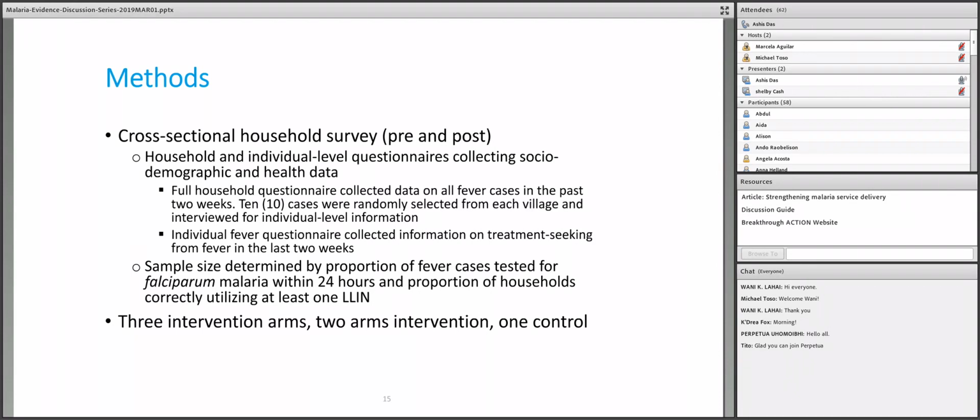And from fever cases, we collected more in-depth information related to their last or most recent episode of fever. The sample size was determined by the proportion of fever cases tested for falciparum malaria within 24 hours and proportion of households utilizing at least 1 bed net correctly.